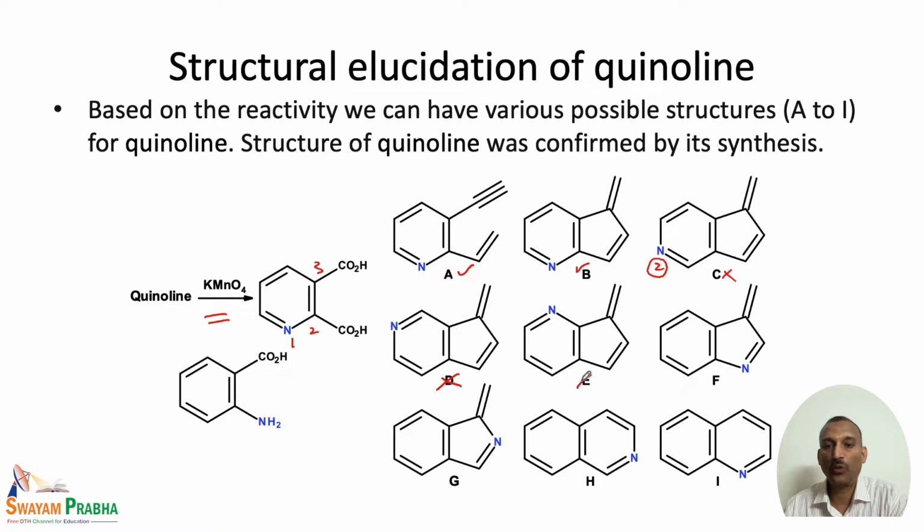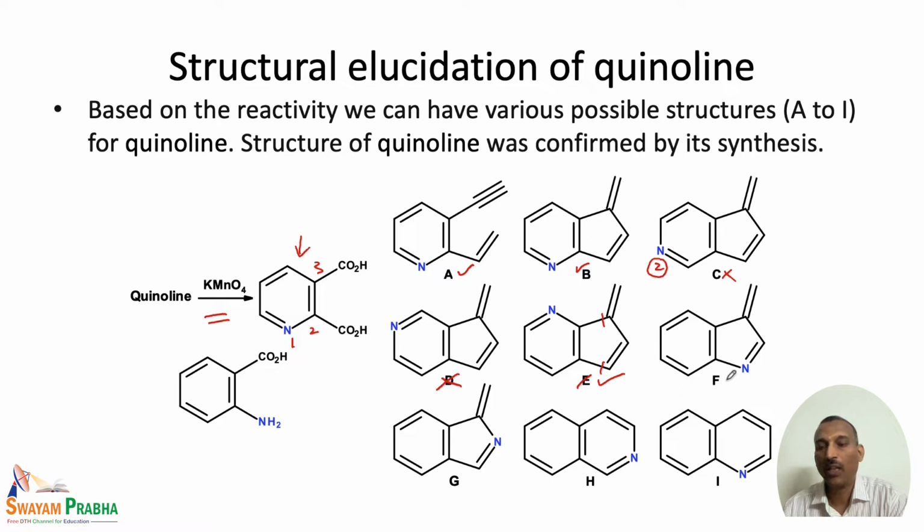And in 5 also, we have a possibility that there is a nitrogen here. So when this bond and this bond undergo oxidation, we can still get the 2,3 dicarboxylic acid. So this is a possible structure. In all these cases, we had the nitrogen on the 6-membered ring. There is also a possibility that the nitrogen can be on the 5-membered ring, but then we cannot get this pyridine type product.